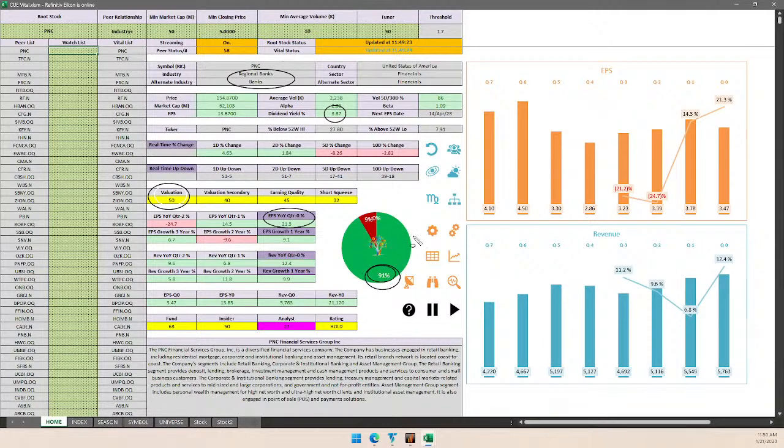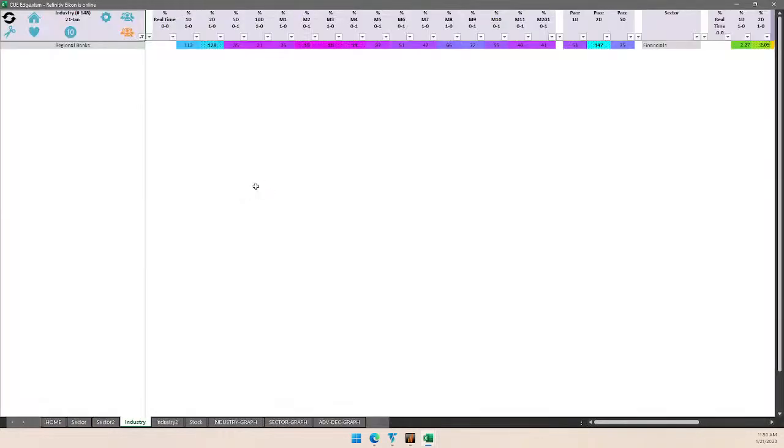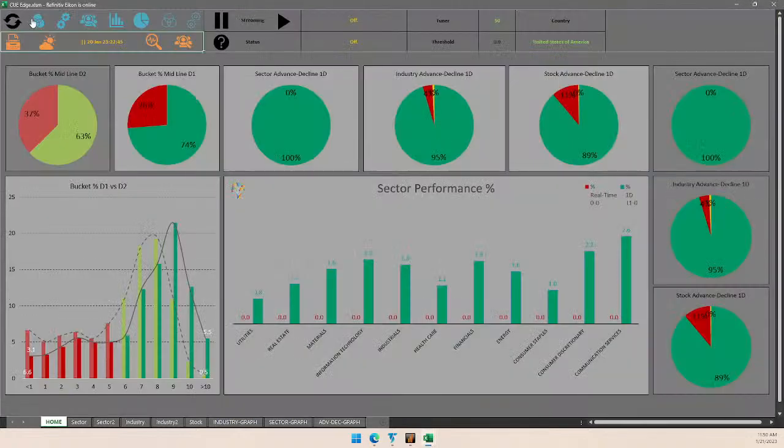In itself, the industry was very strong. If I look at the relative score for the industry, regional banks, that's also strong. Over 2 days, it is one of the most accelerating, and over 2 days, it is one of the strongest as well. Even on Friday, it went up by a massive 2% plus. So PNC could also be bought.